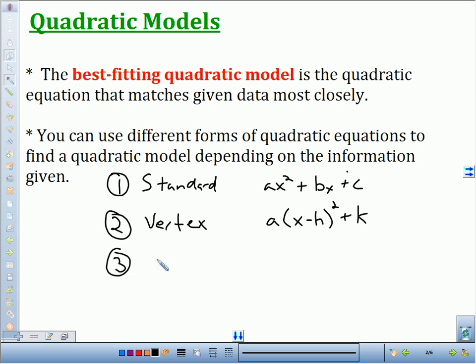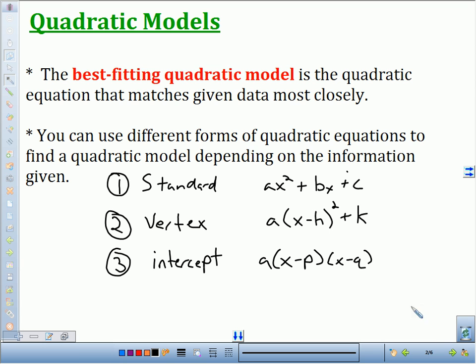And we have our intercept form, which you should remember is a times (x minus p) times (x minus q), where p and q are both x-intercepts. So these are our three forms, and depending on what information we're given, we will pick one of these three forms to work with.